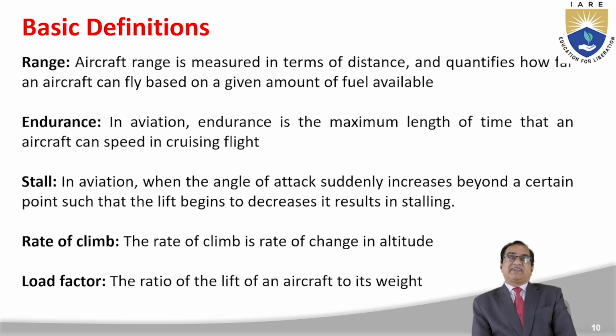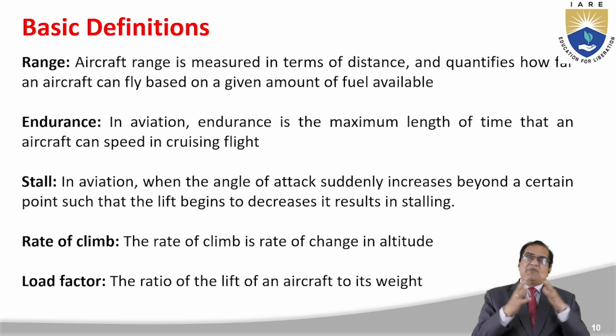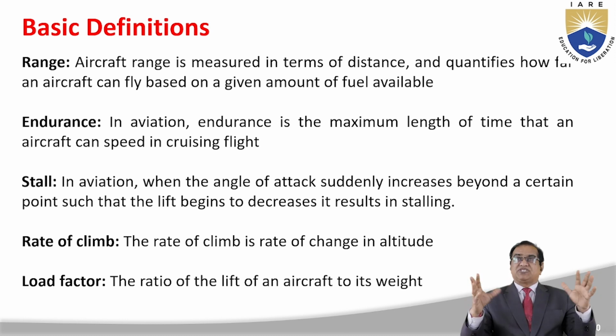So we can see that aircraft range is measured in terms of distance and qualifies how far an aircraft can fly based on a given amount of fuel available. That is, with a given amount of fuel, how many kilometers or miles your aircraft can go in a certain condition.